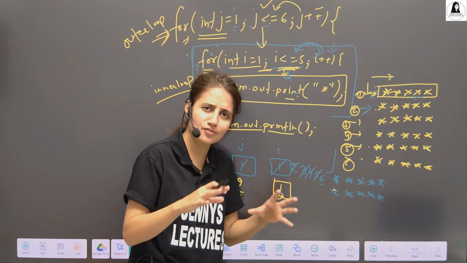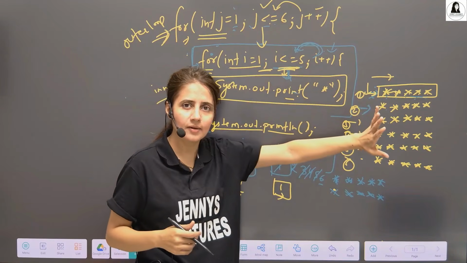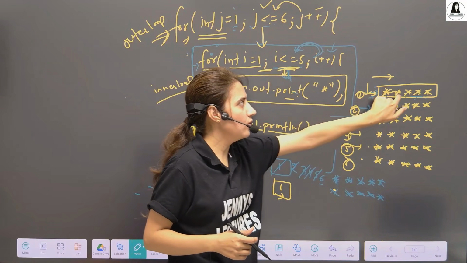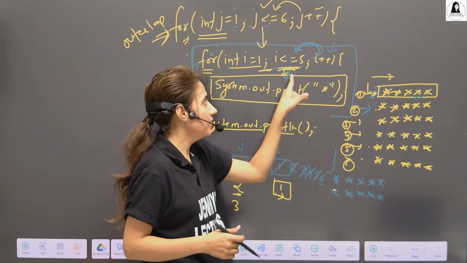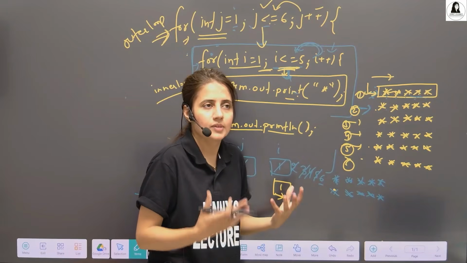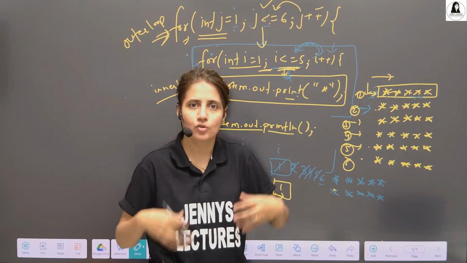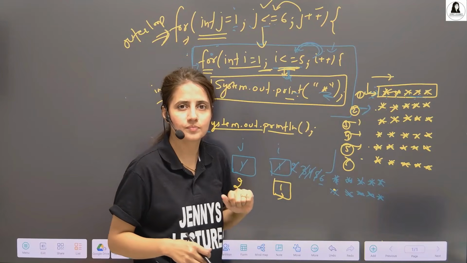So you have to just identify how many lines are there, and iterate the outer loop till then. Then identify how many columns would be there in each row, and the inner loop would be iterated till then. And then identify what to print: asterisk or number or alphabet or anything else. And simply print that thing within this loop.